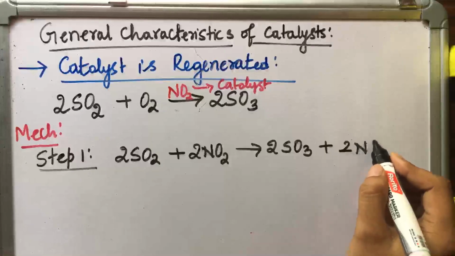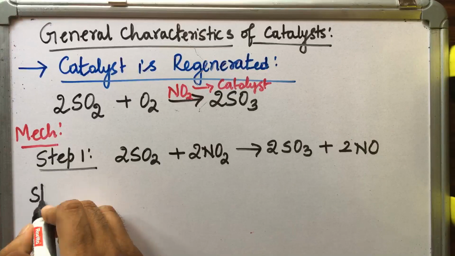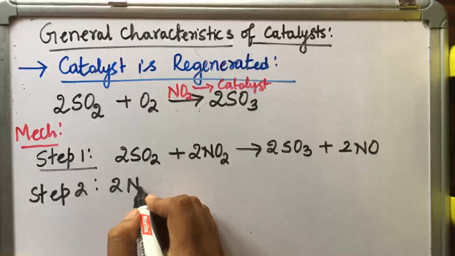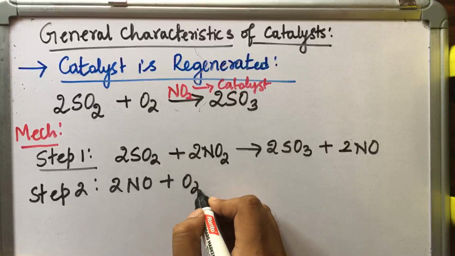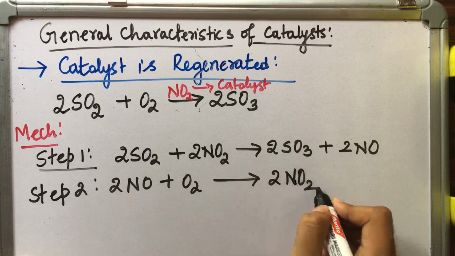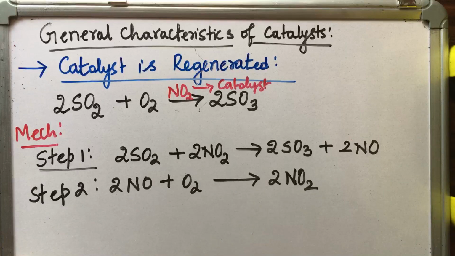See, the 2NO that has been formed is called an intermediate. In step number 2, 2NO gas is going to combine with O2 gas so as to form 2NO2 gas. See, the catalyst which was consumed in the first step has been regenerated.